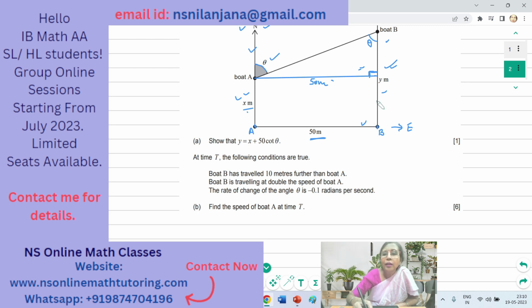Fine. So y will be equal to, this part is x because this is a parallelogram, so this will be x. So x plus, we have to get the length of this part.